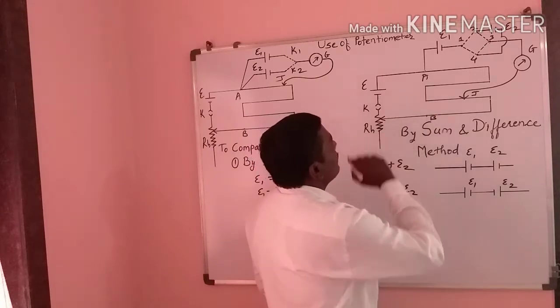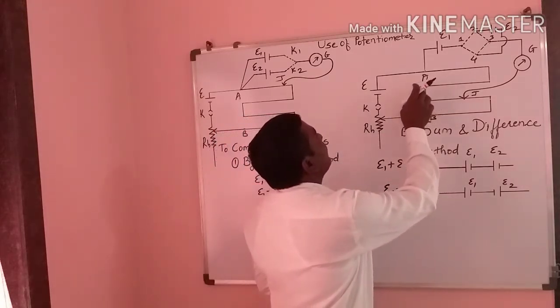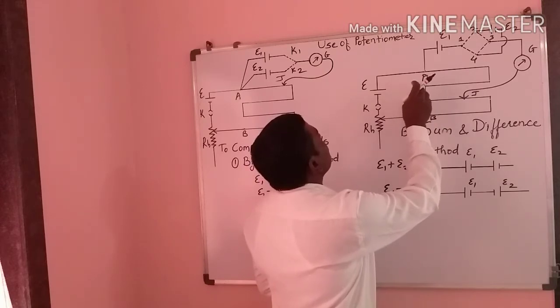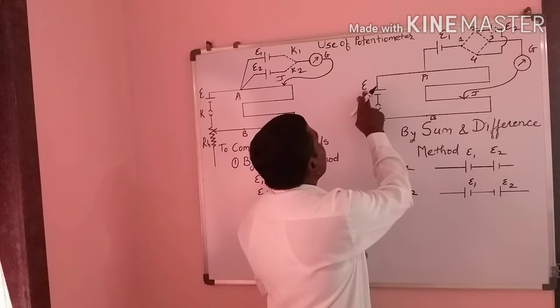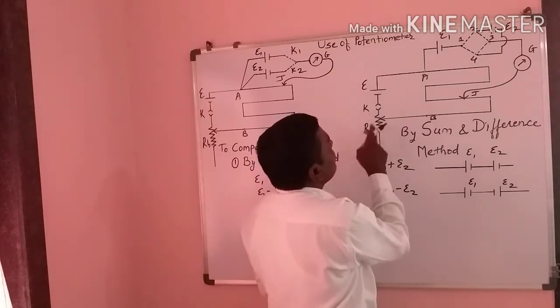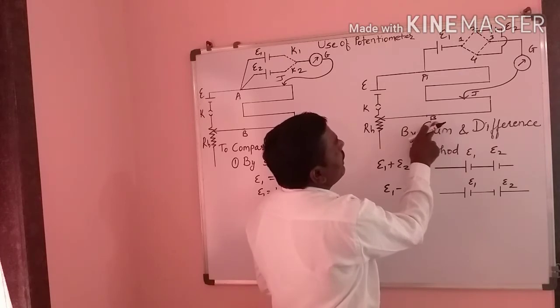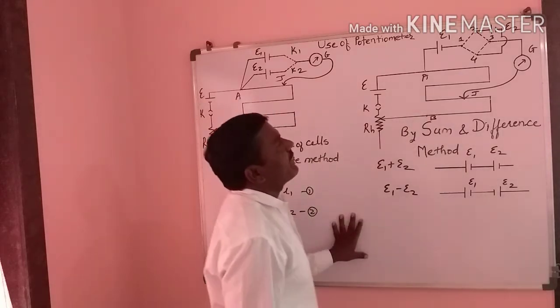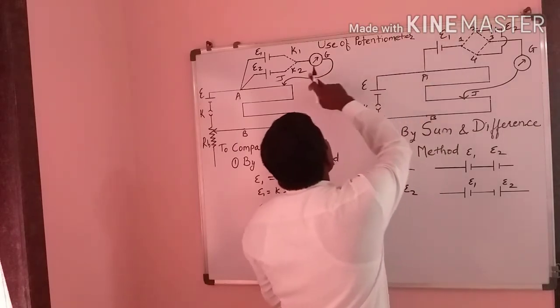Here in the sum and difference method, set up a potentiometer in such a way that the EMF of the cell, K and rheostat are connected so that the potential at A is larger than the potential at B. Here we use a four-way key instead of a two-way key.